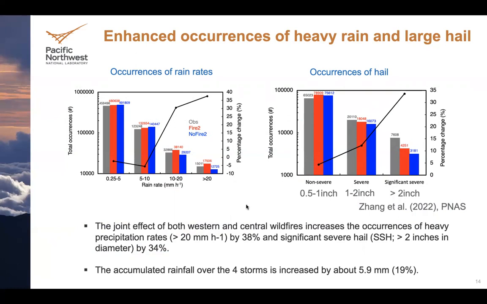The accumulated rainfall averaged over the central US over these storms is increased by 5.9 millimeters, which is about 19%.